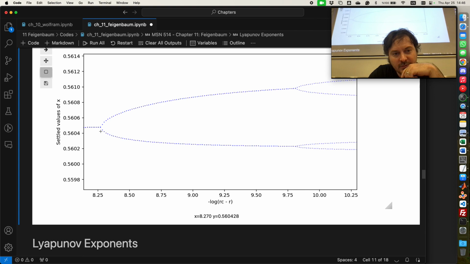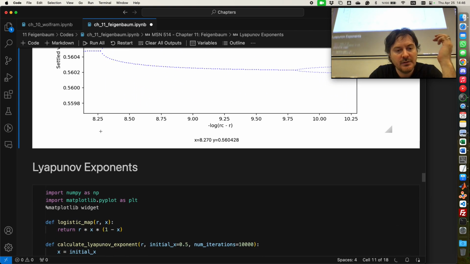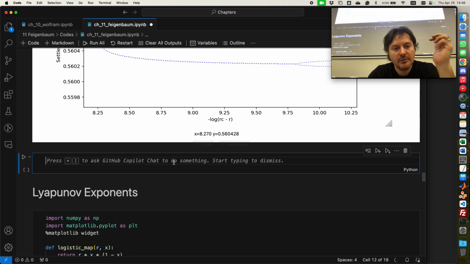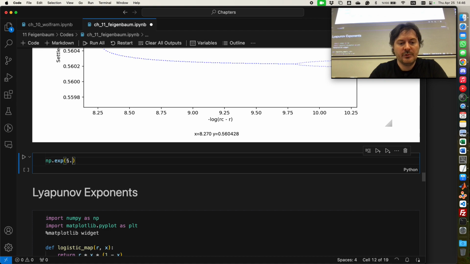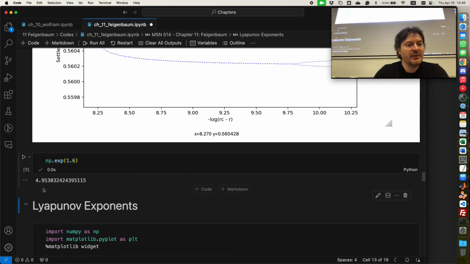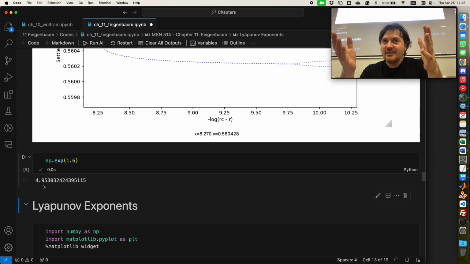Approximately. 1.6 or something like that, right? Let's do the exponential of 1.6. Do you see? It's very close to the universal constant, 4.669. Do you understand it? Do you understand why this is the case? No, right?